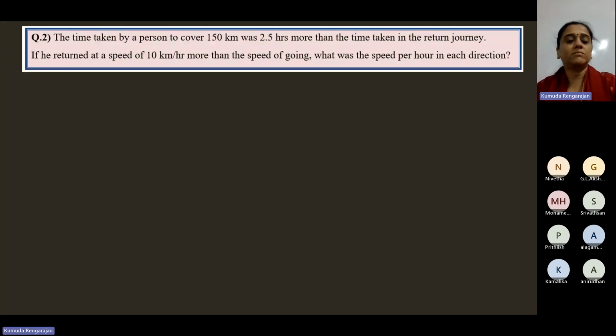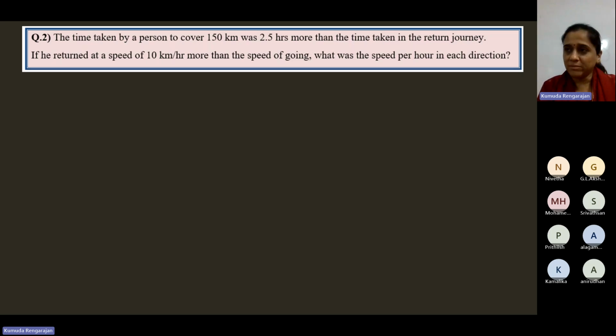The time taken by a person to cover 150 kilometers was 2.5 hours more than the time taken in the return journey. So there's this person who walks 150 kilometers and returns. He comes back the same distance, 150 kilometers.